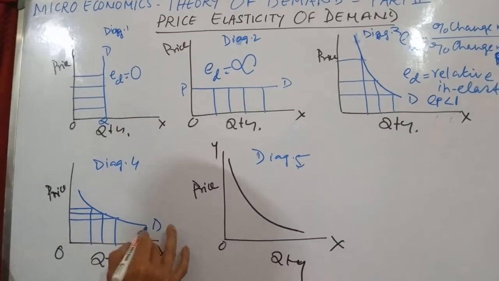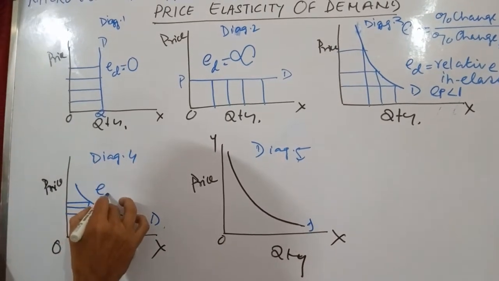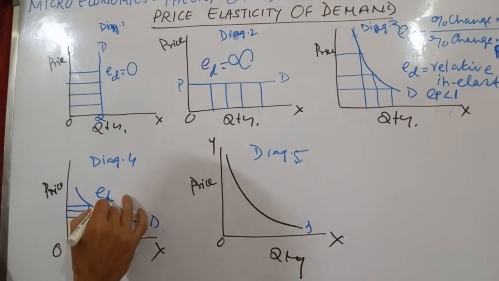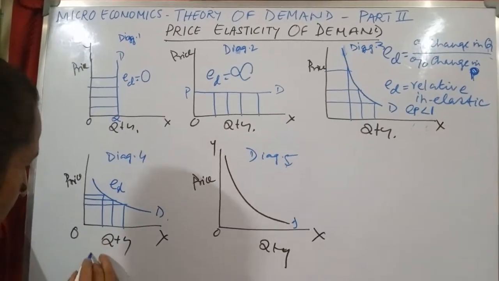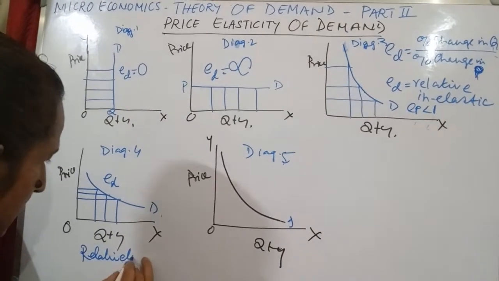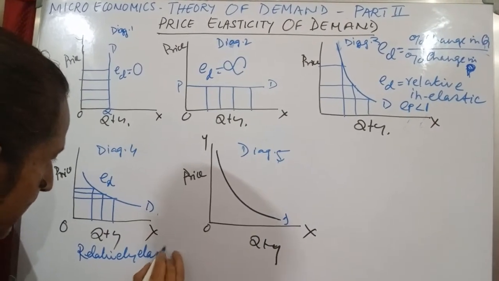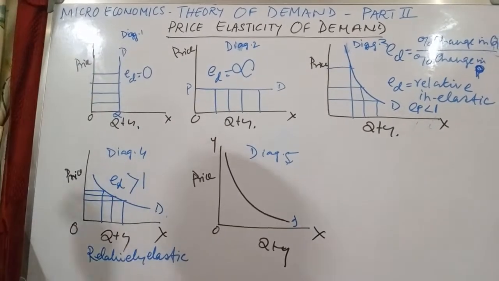For this shape of demand curve, elasticity is, this is called relatively elastic. It is greater than 1.